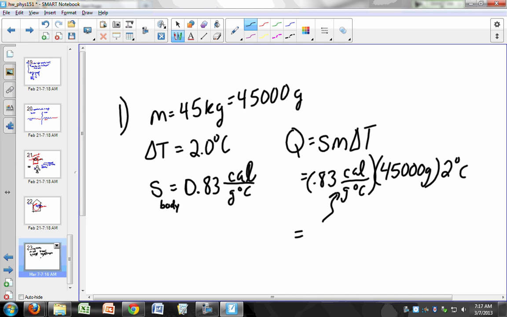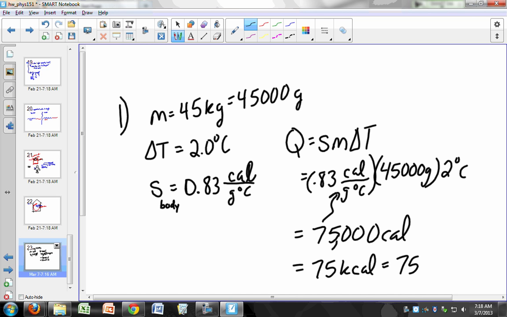And that gives me the number of calories: 75,000 calories. All right, but remember, food calories are kilocalories, so that is 75 kilocalories. Or we sometimes write it as 75 capital C Calories, and those are food calories.